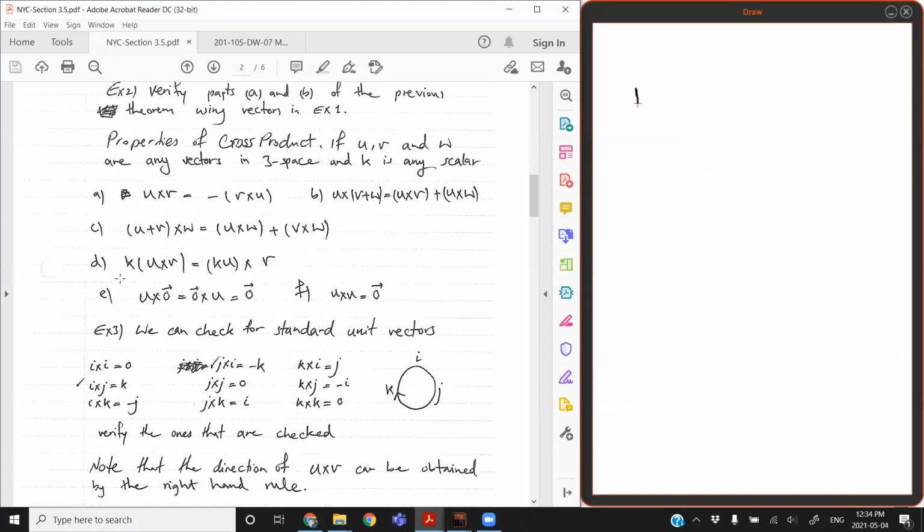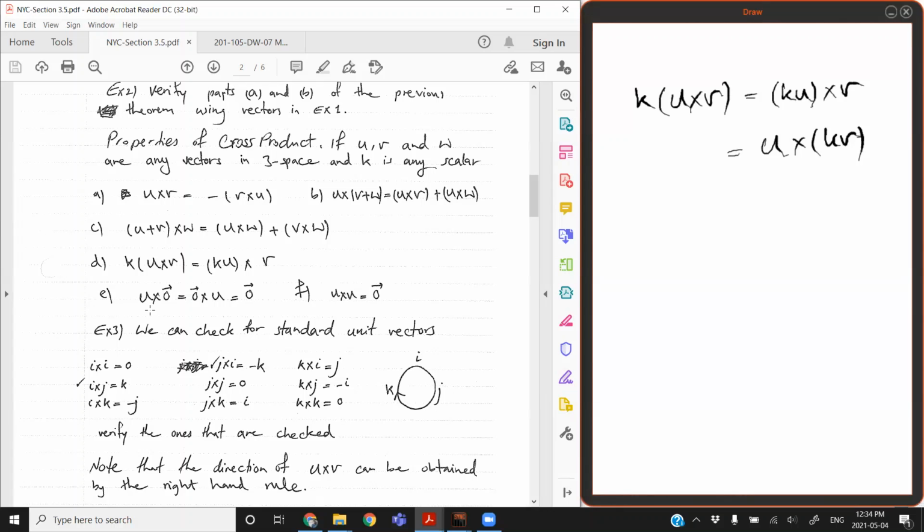So if you have k times (u cross v), you can do this operation first and then multiply by the scalar, or you can multiply the scalar by u and then cross it with v, or you can do u cross kv. All of these are going to be the same thing. You can scale u and then multiply by v, you can scale v and then multiply by u, or you can do the cross product and then scale the cross product. You're going to get the same answer.